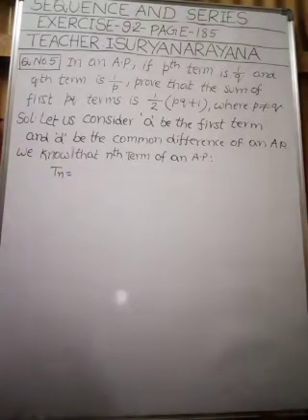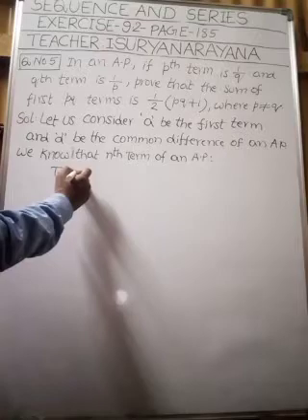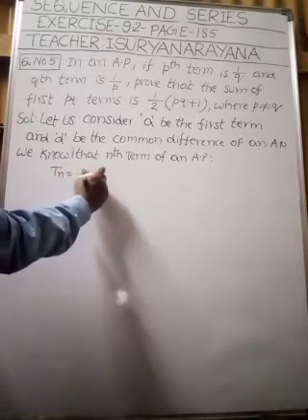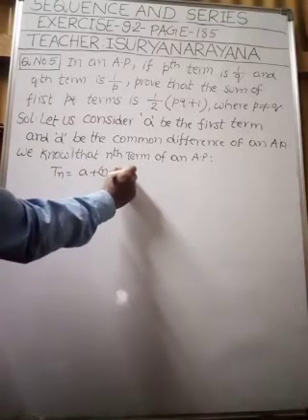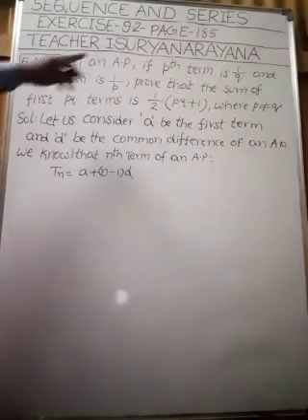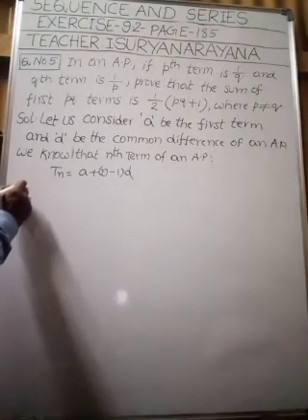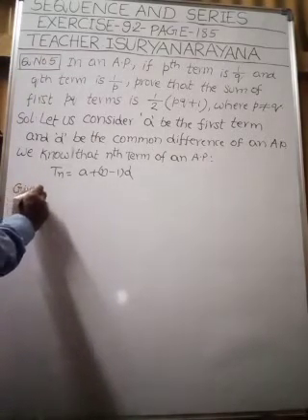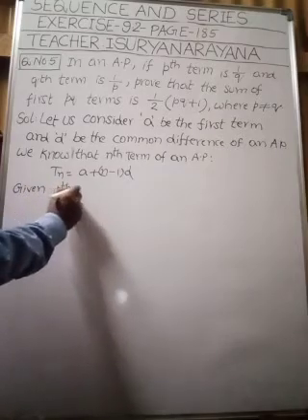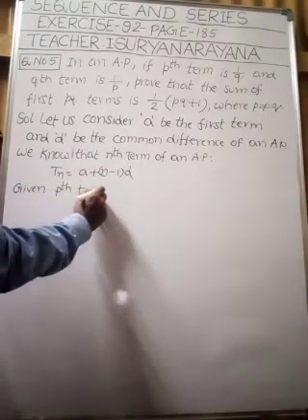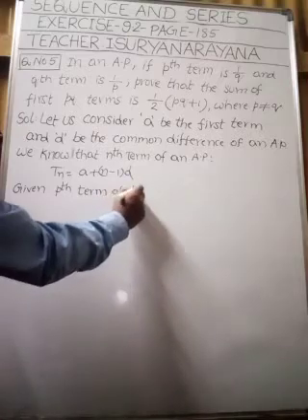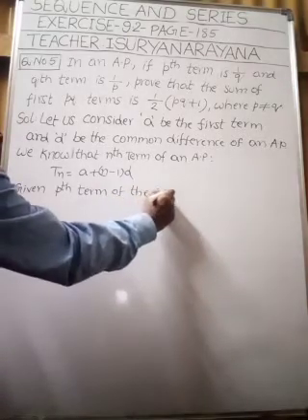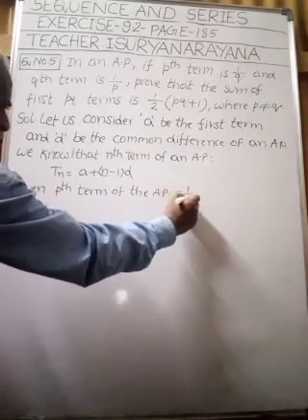Okay, my children? Or An, nth term of an AP is equal to A plus n minus 1 into D. Then what is given here? Pth term. Given pth term of the AP is equal to 1 by q.